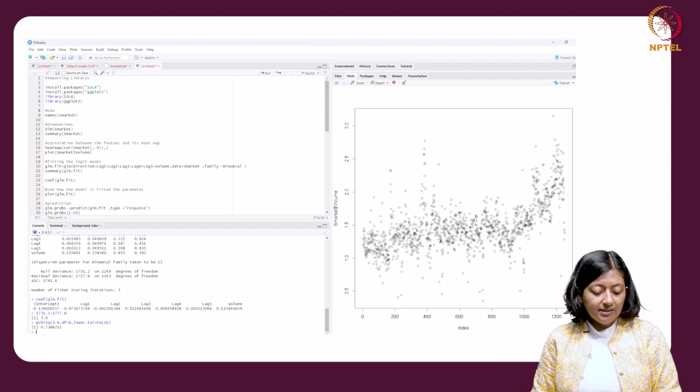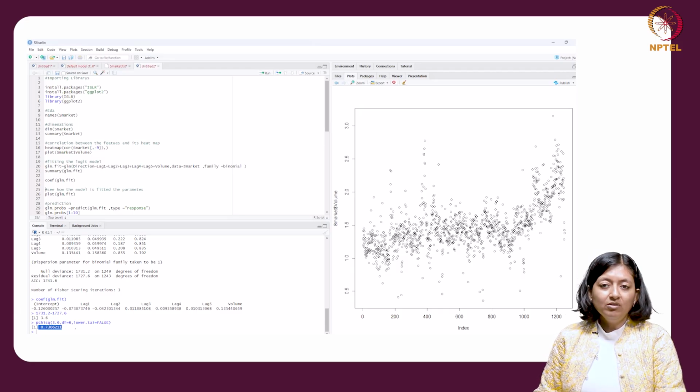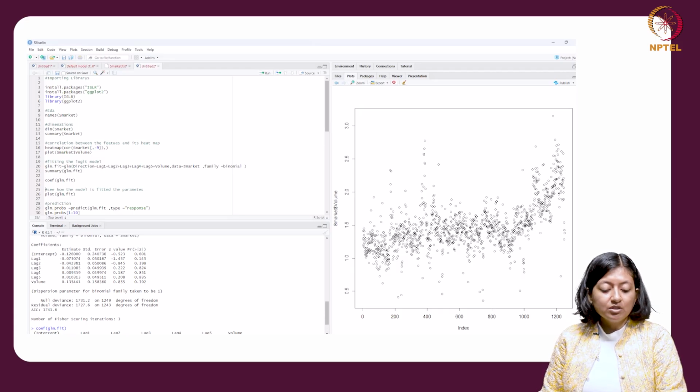So we see that the p-value for 3.6, which is the test statistic value, with degrees of freedom 6 turns out to be 0.73, which is obviously a much larger p-value, and this gives us pretty strong evidence against the usefulness of this model. So this model doesn't seem to be significantly useful over the null model.